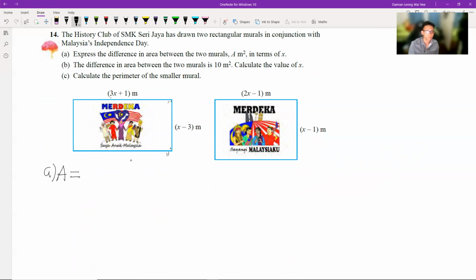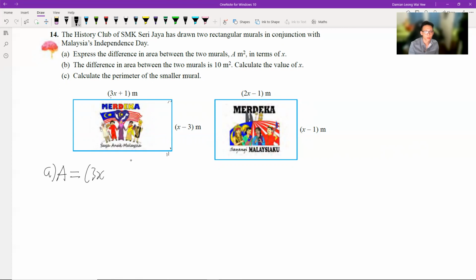So yeah, but will it affect much? Actually it will still affect. So difference between the area.